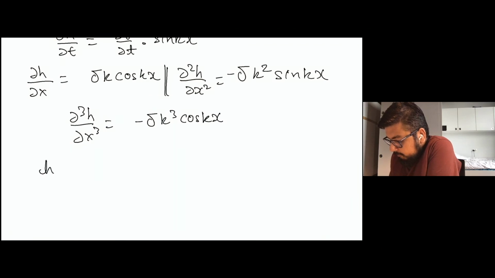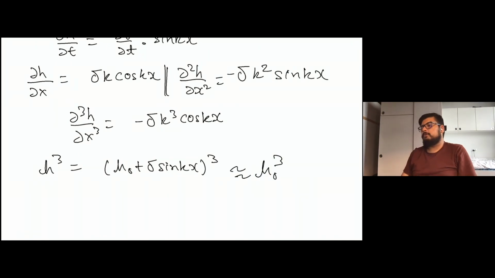One last assumption that I'm going to make is that h cube can be written as h naught cube. So I will assume that since these oscillations are tiny, I can ignore them when I compare them with h naught. And so I can simply write h cube as equal to h naught cube.